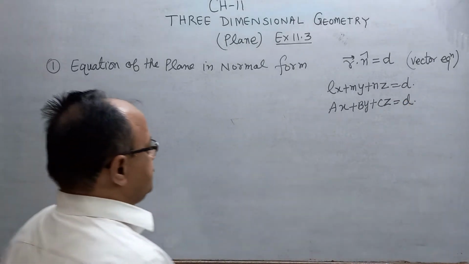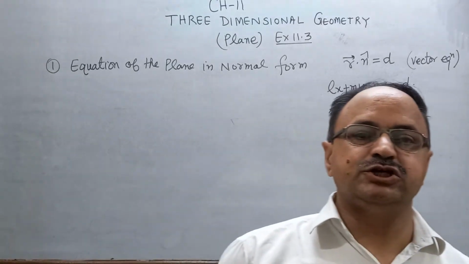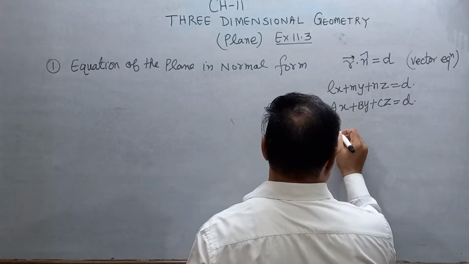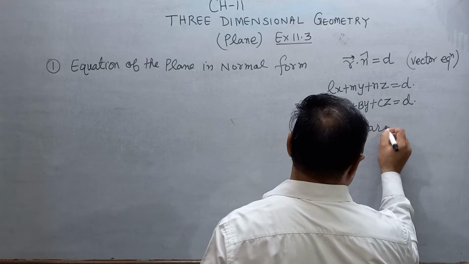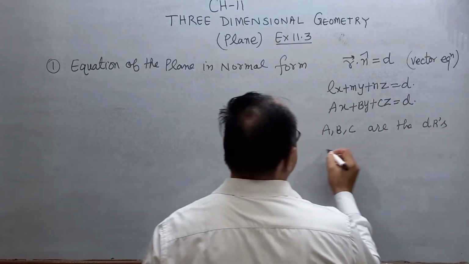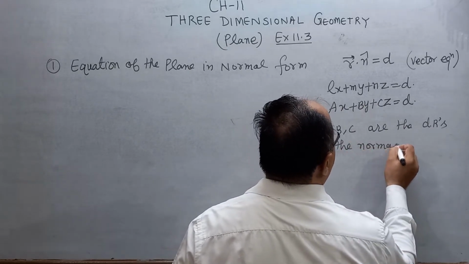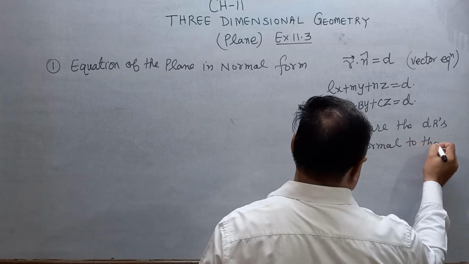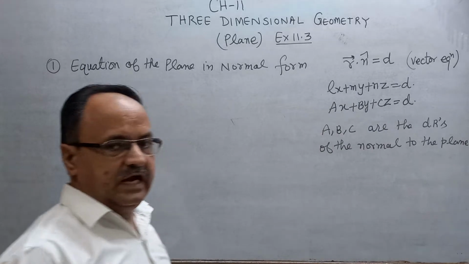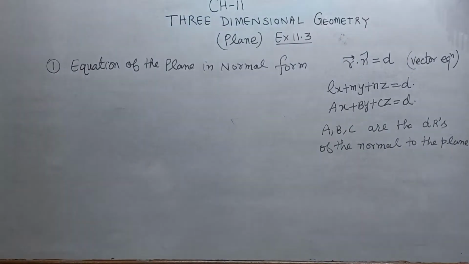In this plane, a, b, c are the direction ratios of the normal to the plane. Clear? And l, m, n are the direction cosines.